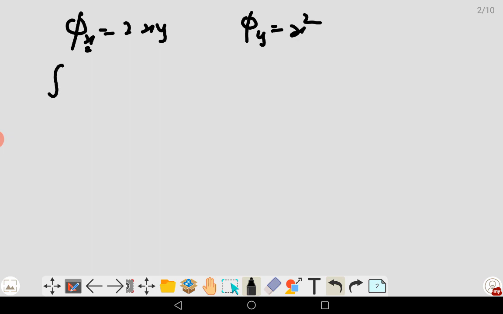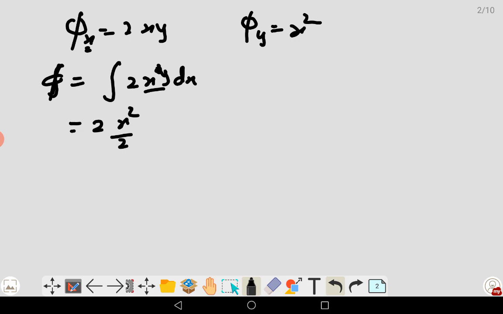When you integrate both sides with respect to x, what is phi? It is the integral of 2xy dx, so y should be treated as a constant now. What do you get here? It is 2x squared over 2 times y, and there should be a constant.